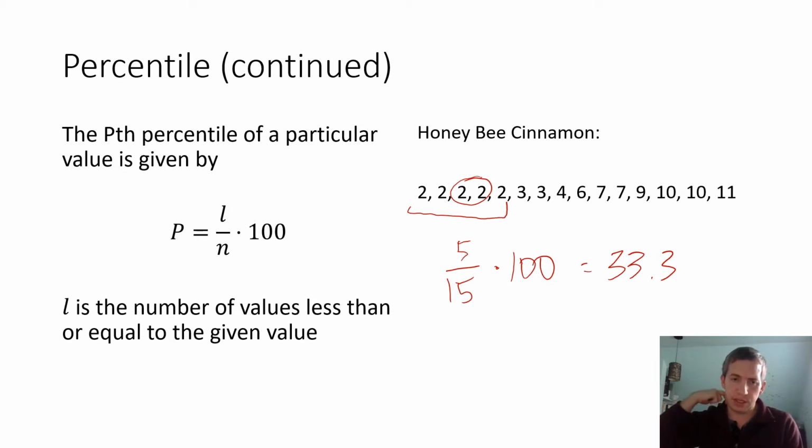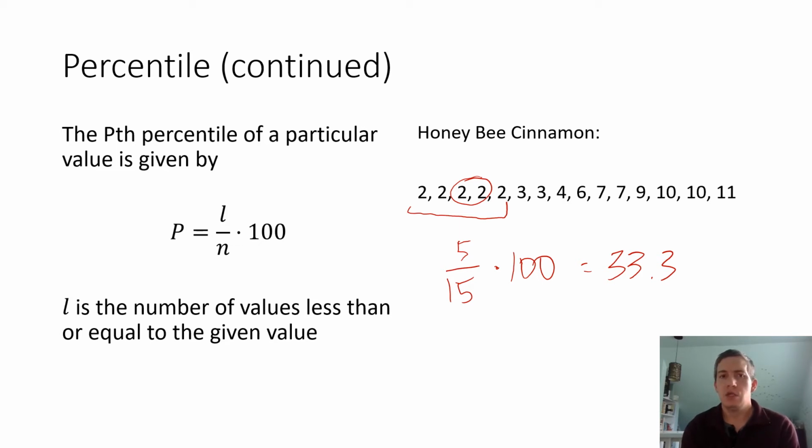You can almost think about that as a test thing. I want to know how I can score better than or equal to 20% of applicants because that's the cutoff point for a scholarship or something like that. Then you're looking for the 20th percentile. In this case, you need to score above or equal to a 2.